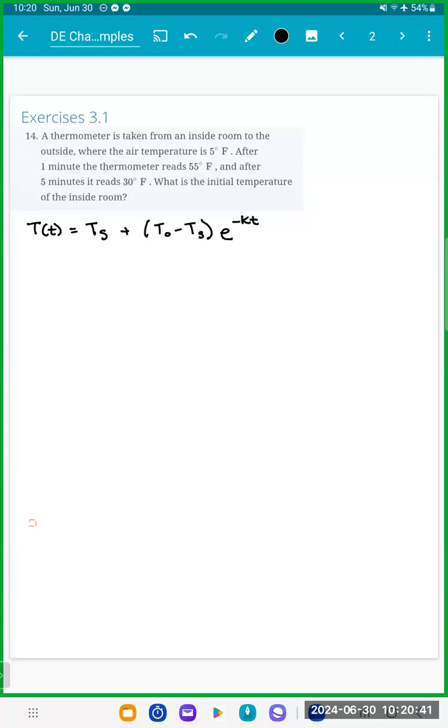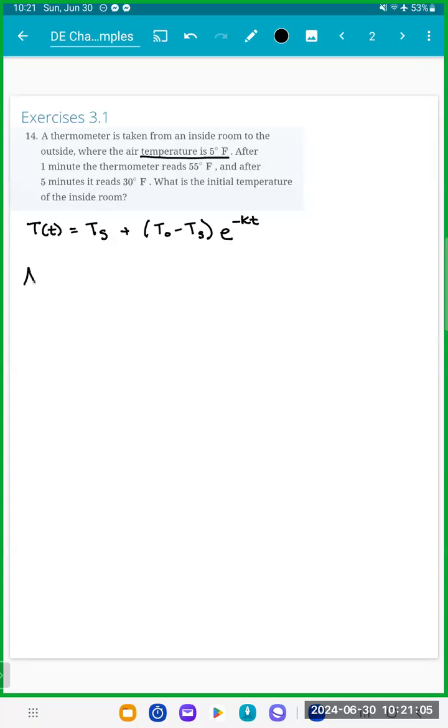we are given a bit of different information, right? We have that our air temperature is 5 degrees Fahrenheit. We're also given that after 1 minute, the temperature reads 55 degrees, and after 5 minutes, the temperature reads 30 degrees. Okay.